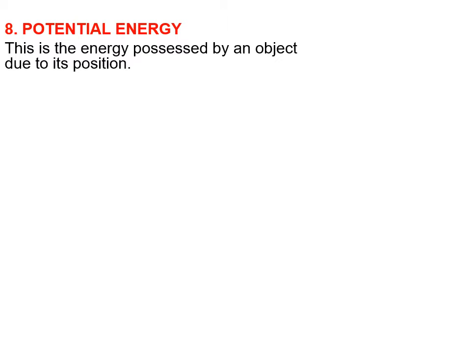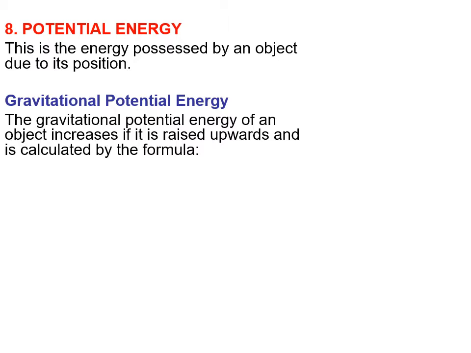So for example, a basketball, when it is high up, has high potential energy, and as it falls, it loses its potential energy. Okay, so that's an example of gravitational potential energy. So at the top, the basketball has a high potential energy, and as it falls down, it begins to have a low potential energy.